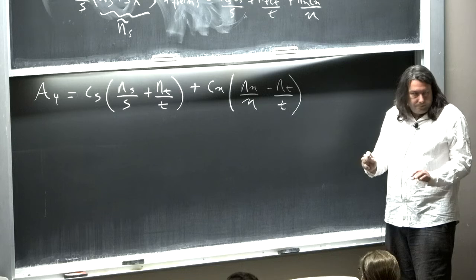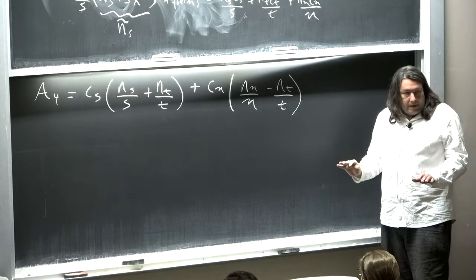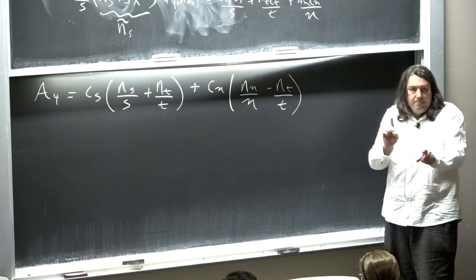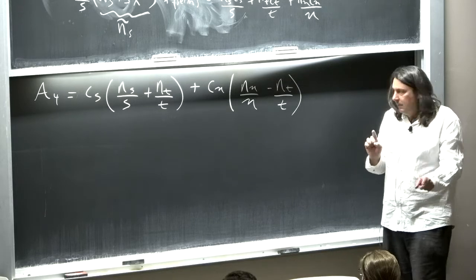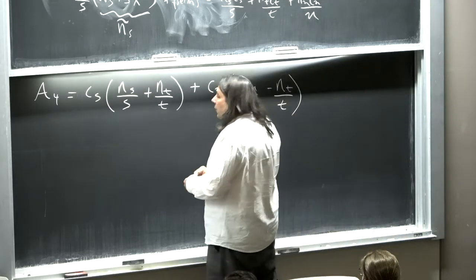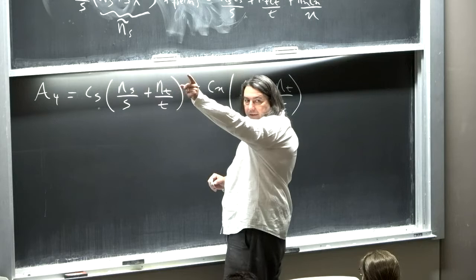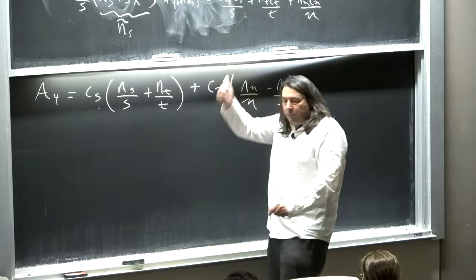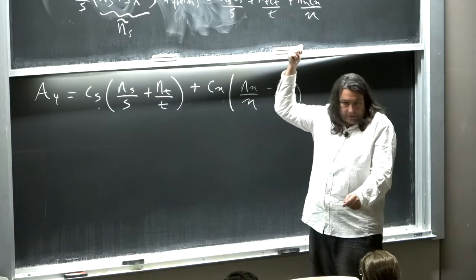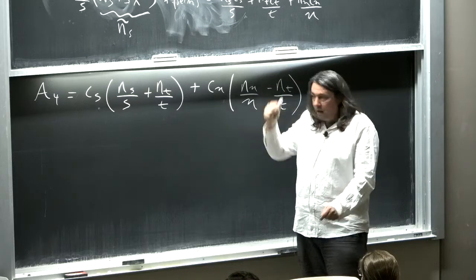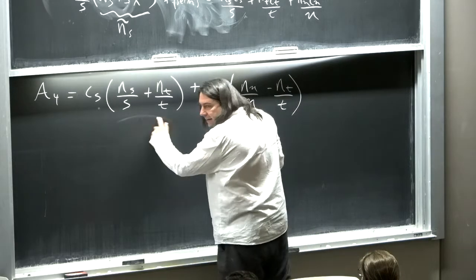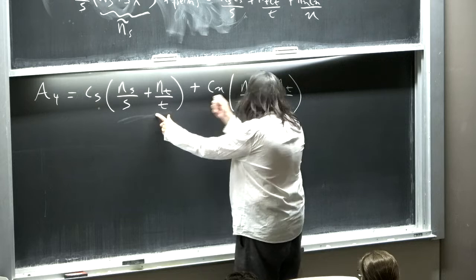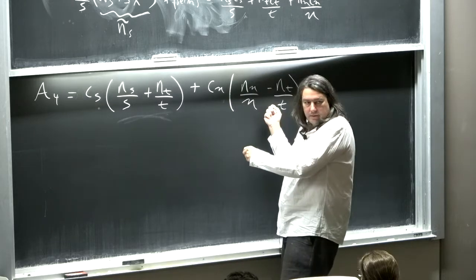Everybody understand what I did? I went to a color basis, a minimal color basis. So this is pointing one direction in color space, and this is pointing a completely independent direction in color space. So this thing has to be gauge independent because it can't cancel against anything over here.